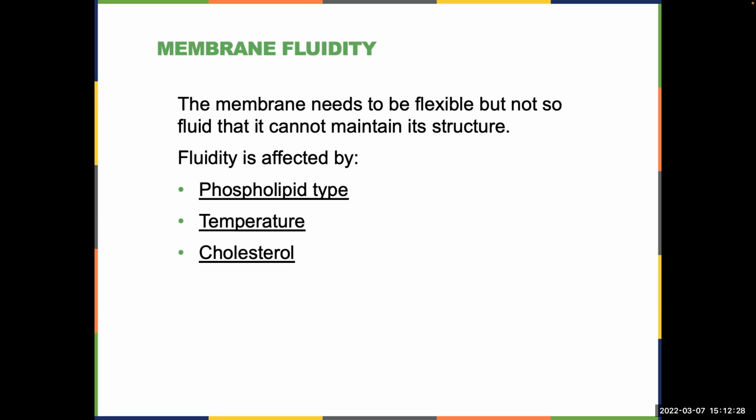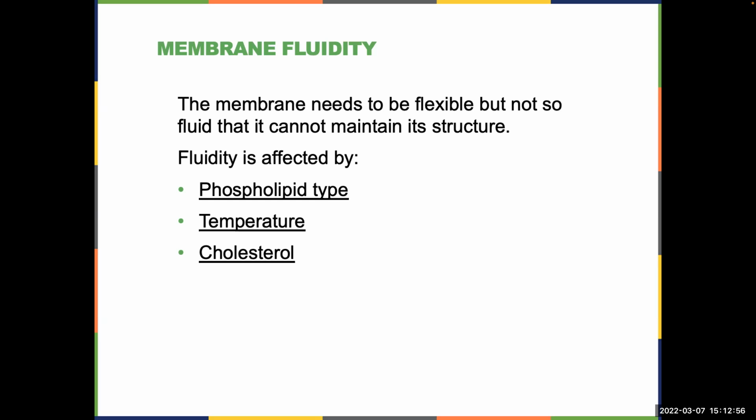A lot of the factors we're going to talk about that increase fluidity also will increase permeability. So try to keep those two terms straight. They are different terms. Fluidity is the ability of the substances in the membrane to move around, whereas permeability is the ability of a substance to pass through the membrane and get to the other side.